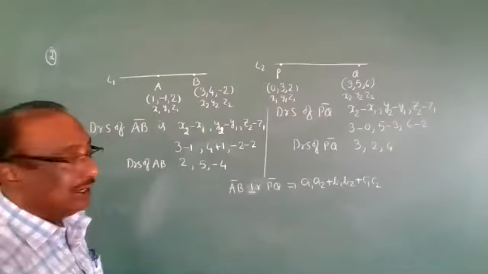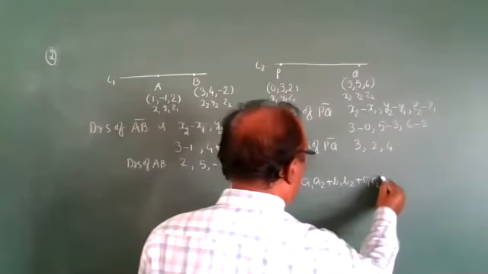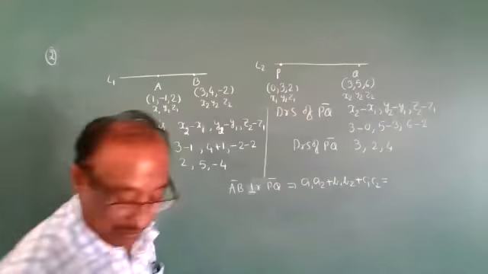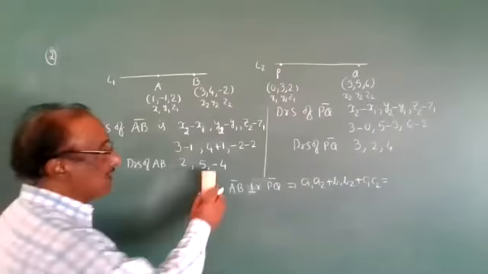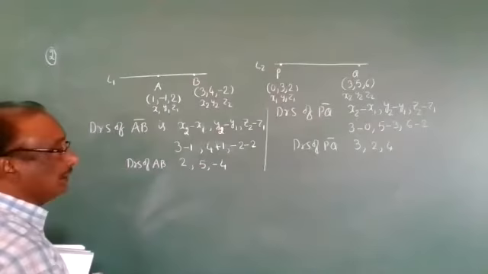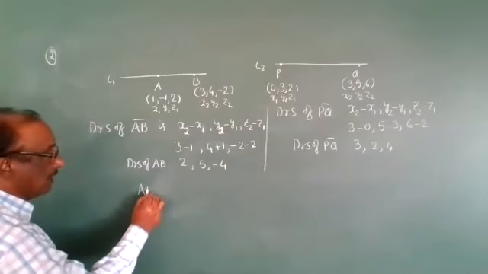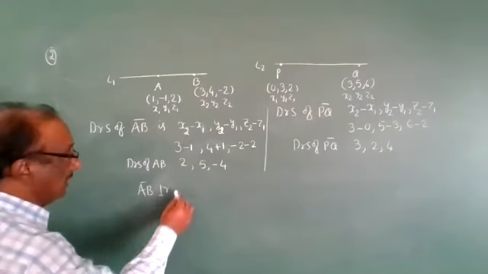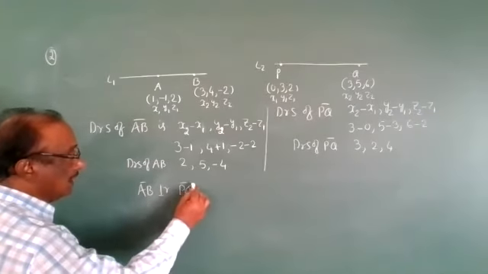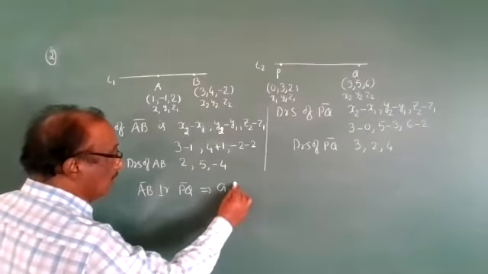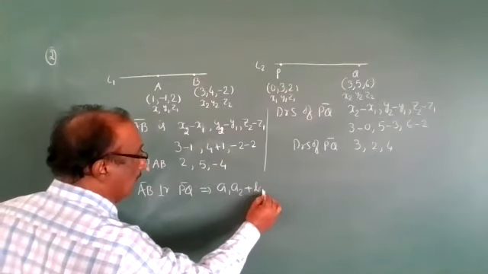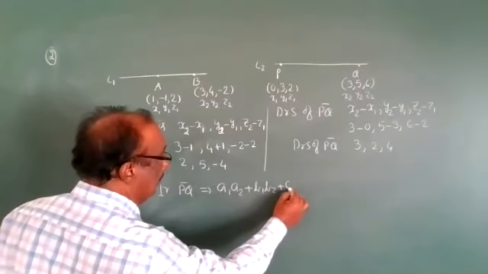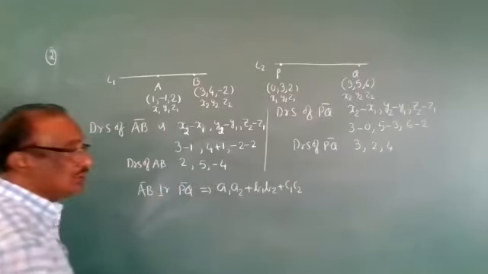So A1 A2 plus B1 B2 plus C1 C2 value must be equal to 0.